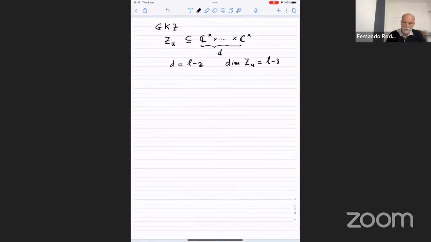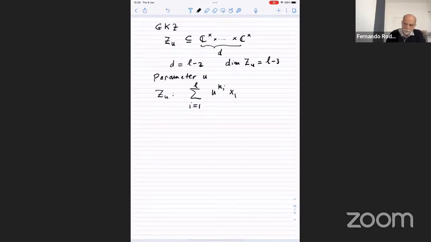I'm going to write down a specific concrete family of hypersurfaces of this torus. The way we do this is there's going to be a parameter, so it's a one parameter family, and it's given by one equation, which let me write down.